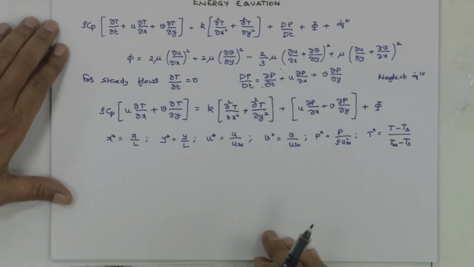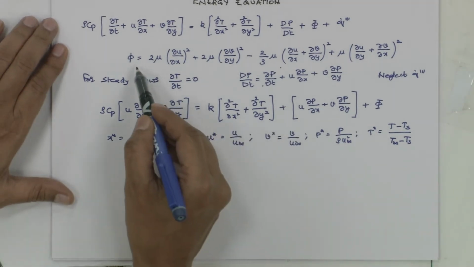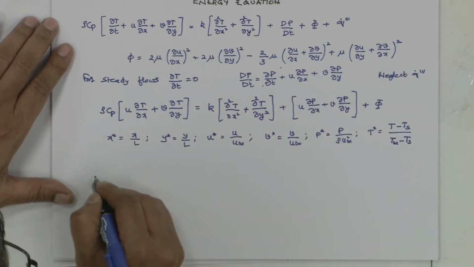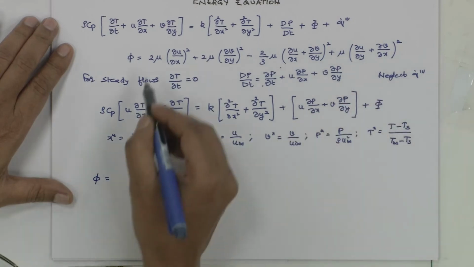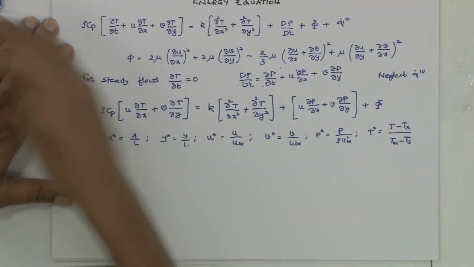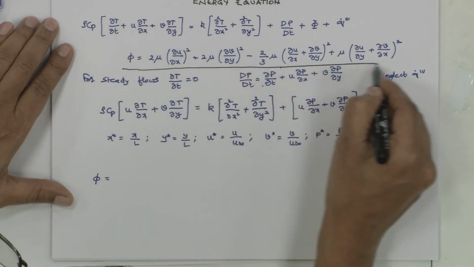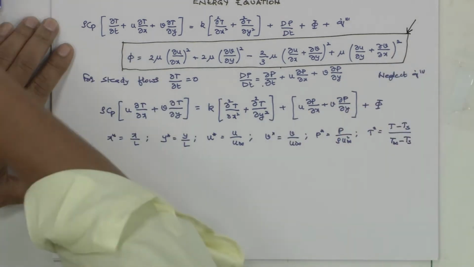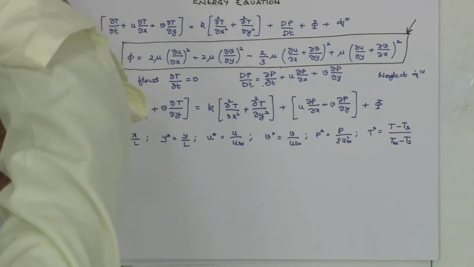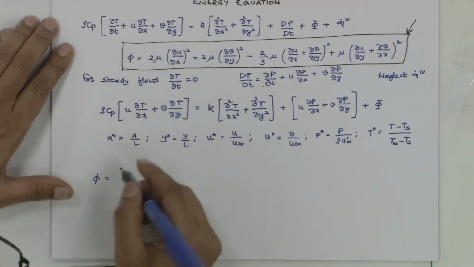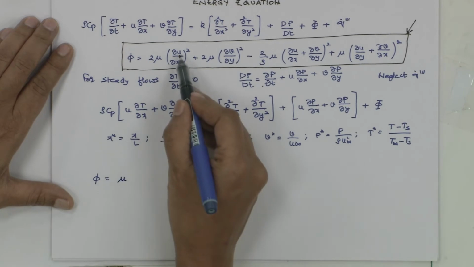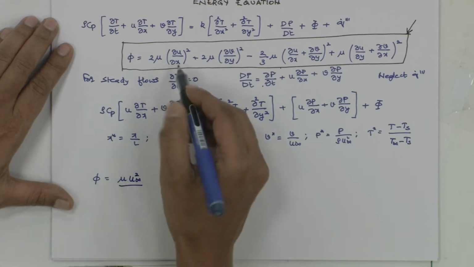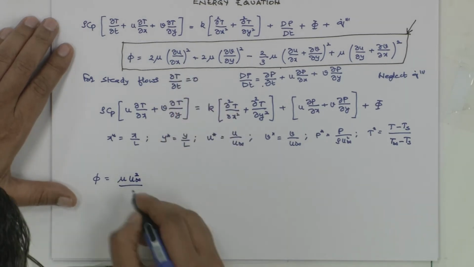So, if I do this, first let me do it for phi. Phi equal to mu I will pull out. I am focusing on this portion now. I am non-dimensionalizing that. So, what do I get is mu if I pull out, you see here u becomes u squared, so you get u infinity squared and x squared, so you get L squared.